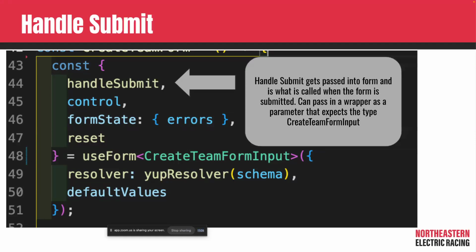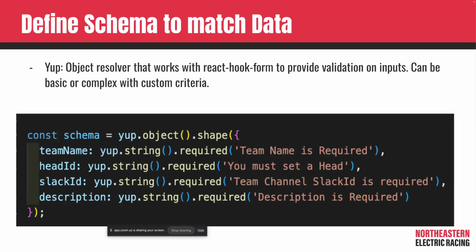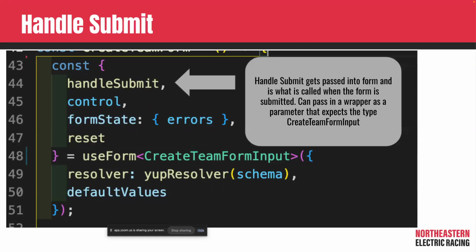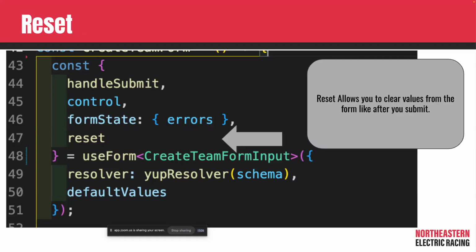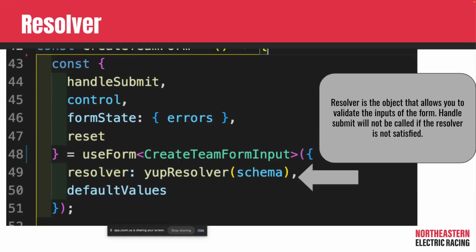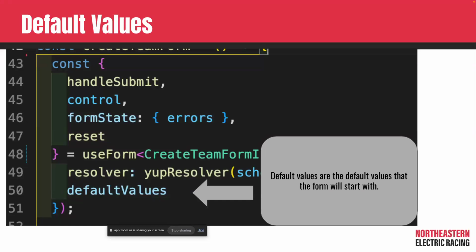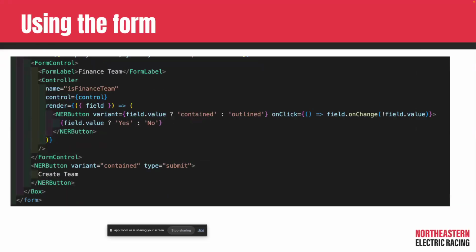So if a value violates our schema, we'll be able to access that error through form state. Reset allows you to clear values from the form, like after you submit. Resolver is the object that allows you to validate the inputs of the form. And default values are the values that the form will start with.